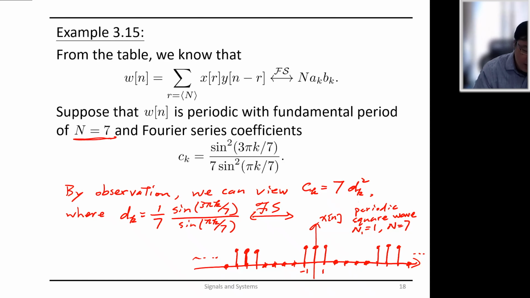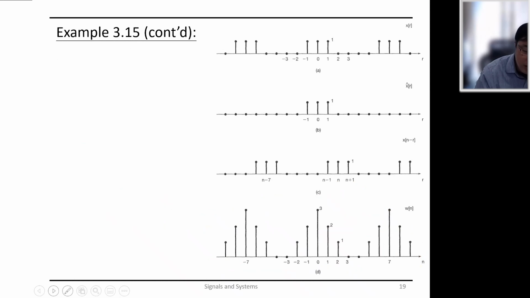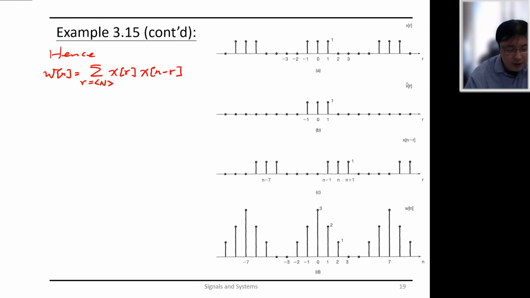So hence, this Wn that you're looking for should be equal to the convolution between x and itself, summing over one period.